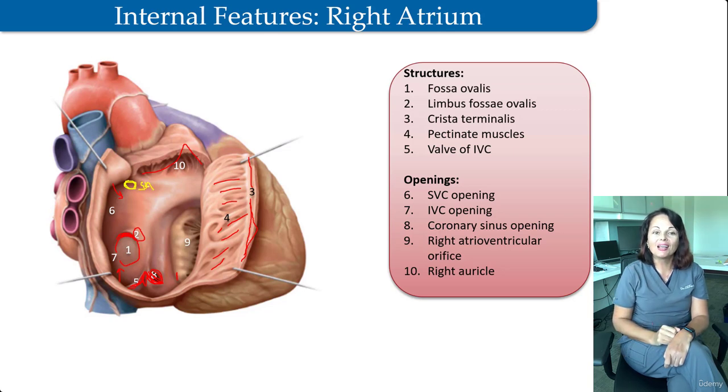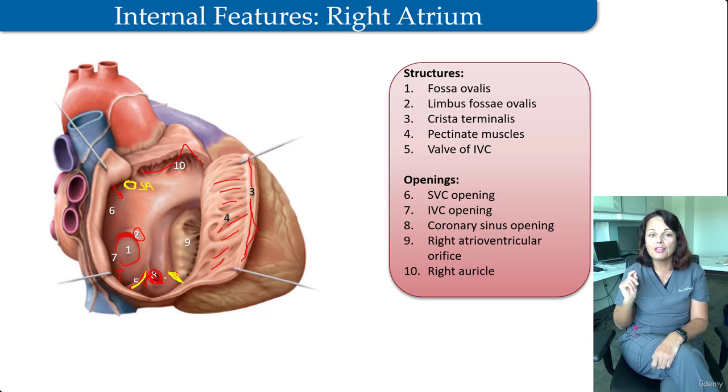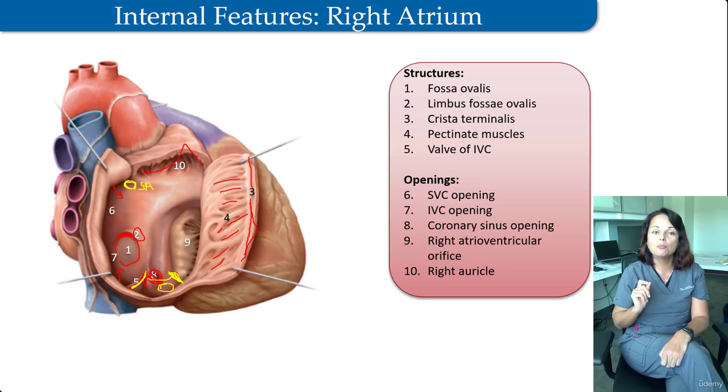The area of localization of the atrioventricular node has a special name, the Koch's triangle, and is delineated by the valve of the inferior vena cava, the attachment of the septal cusp of the tricuspid valve, and by the opening of the coronary sinus, by these three structures.